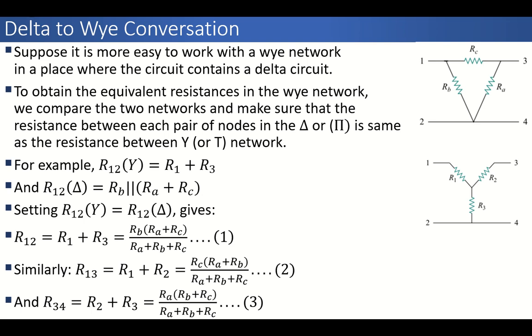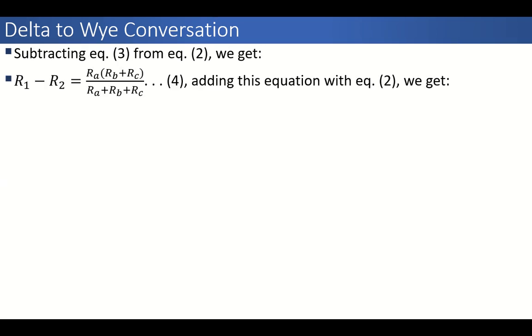R1 minus R2, yes, R1 minus R2, that should be equal to RA, RB, RC divided by RA plus RB plus RC. Again, we have to use the LCM, and then we have simplified and so on. So there are some steps skipped here, so you should actually extend those steps on the rough copy. So let's call this equation number 4.